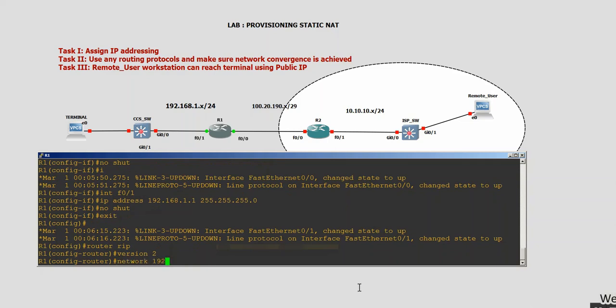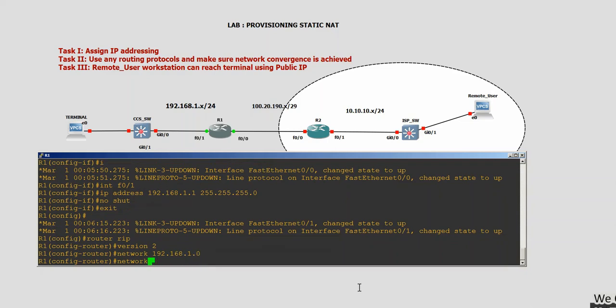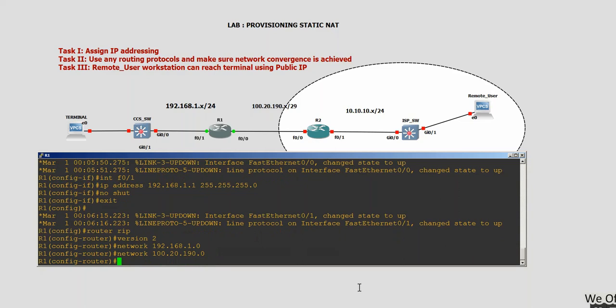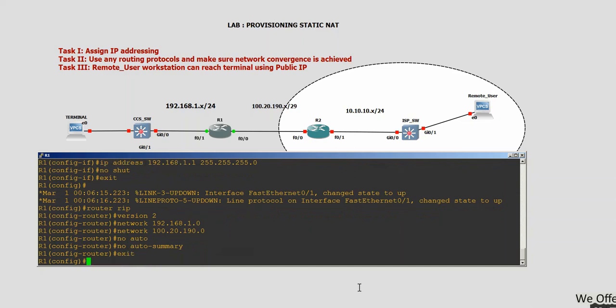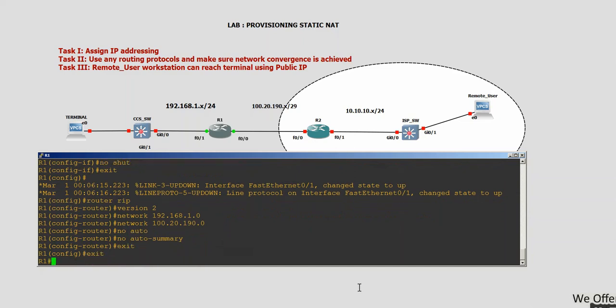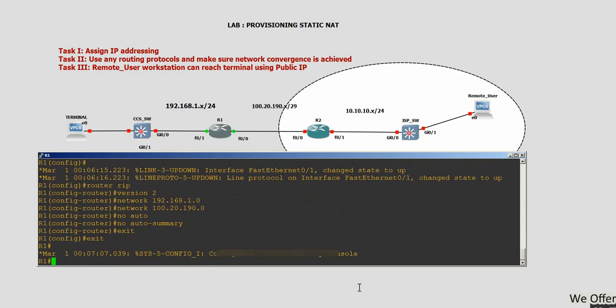Network 1 is 192.168.1.0, and the other network is 100.20.190.0. No auto-summary is a good practice. If you want to know more about how I did the dynamic routing, I have other courses on Udemy that might be useful to take. So we are done with router 1.